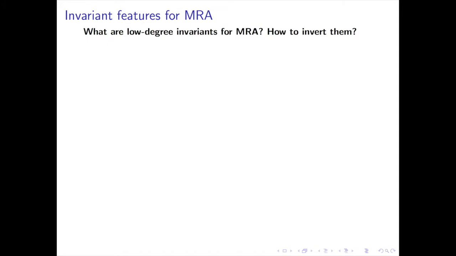I want to walk through the process for the 1D problem with shifts. There's no projection for that, so it's a bit easier. You have the invariant ring of R^L under Z mod LZ. What are the low degree invariants, and how do you invert them?